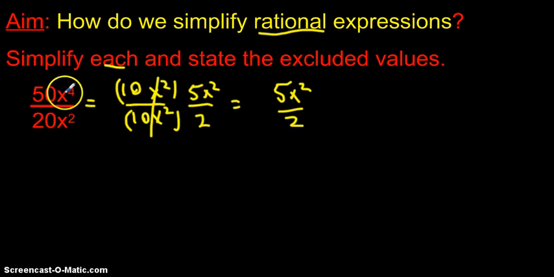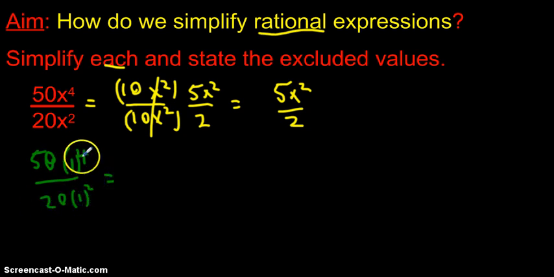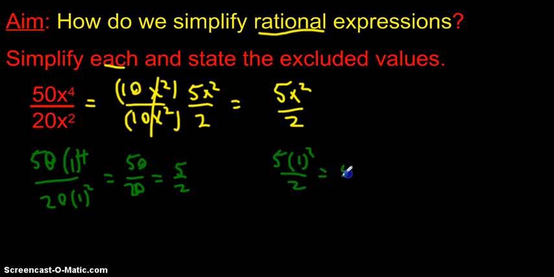Now these things are not exactly equal. If you plug in any number here and any number here, we should get the same value. For instance, 50 times 1 to the 4th power over 20 times 1 to the 2nd power, which is equal to 50 over 20, or 5 halves, should be equal to 5 times 1 to the 2nd power over 2, which is also 5 halves.